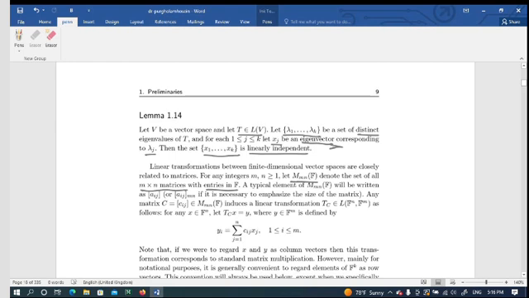But if F equals C, M_mn(C) means the matrices whose entries are complex numbers.